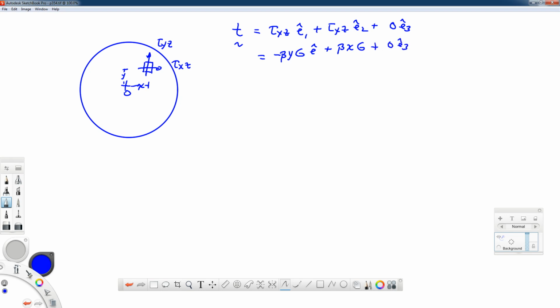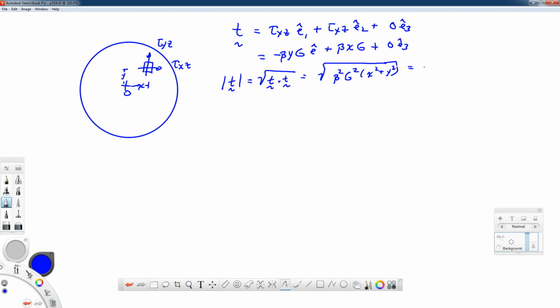We can find the magnitude of this traction vector. It's the square root of t dot t. We can have a square root of beta squared G squared times x squared plus y squared, which we can call r squared again.